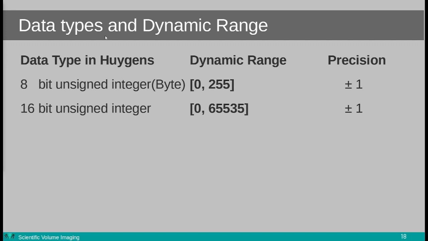As a rule of thumb, if your intensities are within the range of 0 to 255, you can safely use 8-bit integer data type without the loss of any of your source data. This is the byte data type in Huygens. If your intensities are within the range of 0 to a little over 65,000, you can then safely use 16-bit integers without loss of data.